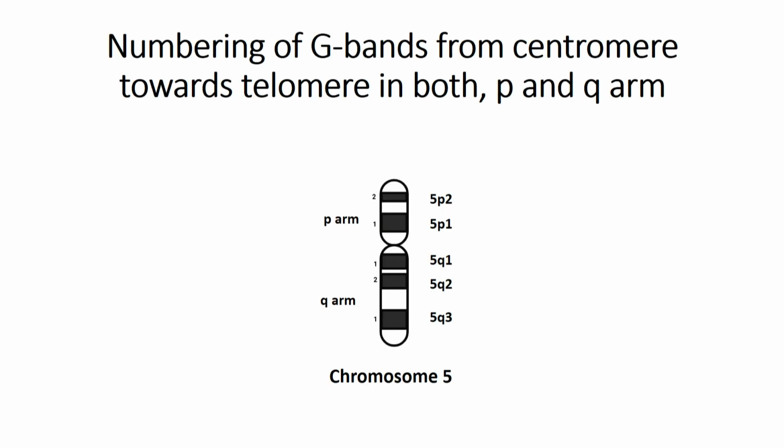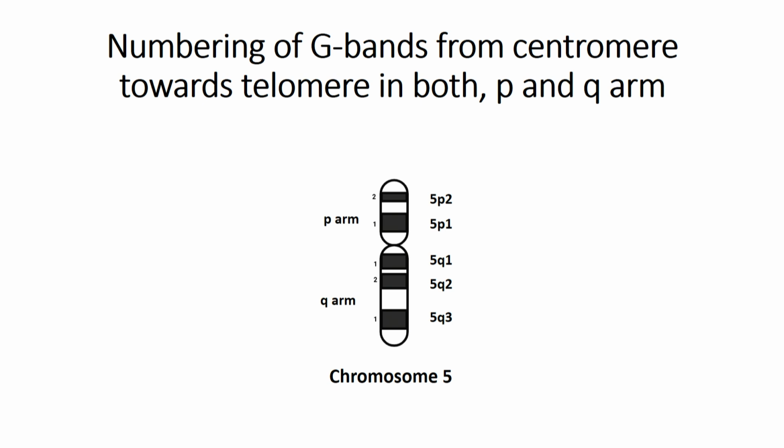When we talk about the numbering of G-bands, the numbering is given from centromere towards telomere always. In my last class, I did talk about which one is the P arm and which one is the Q arm. P arm is the short arm and Q arm is the long arm if it is a submetacentric chromosome.